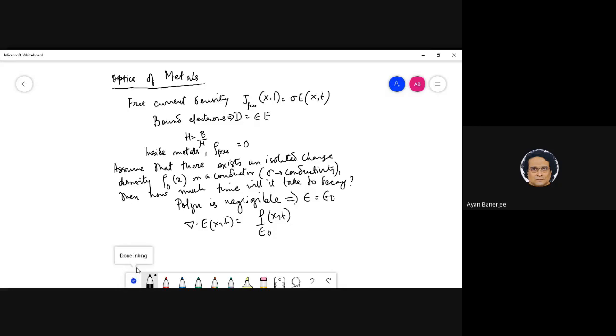Now we know that, of course, your J is your sigma E, which obviously implies that E is J by sigma.